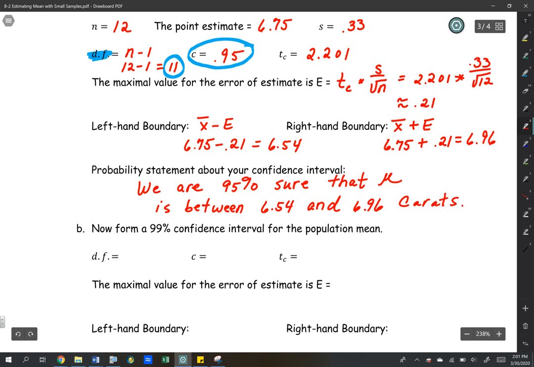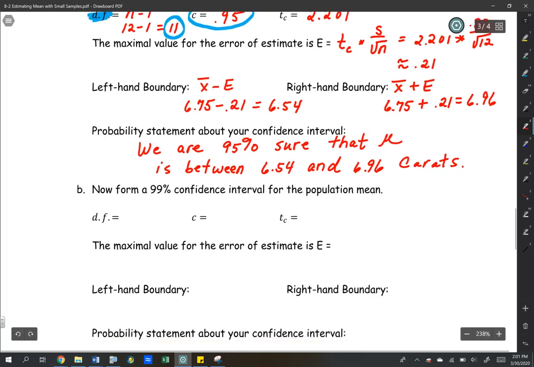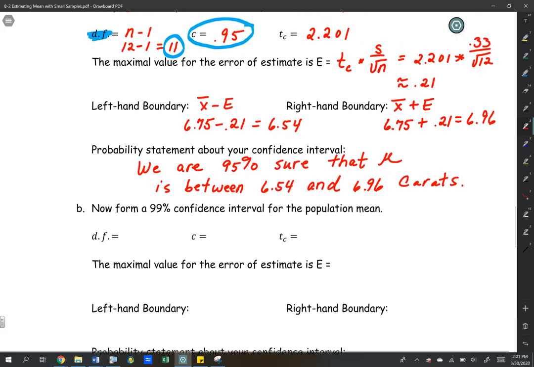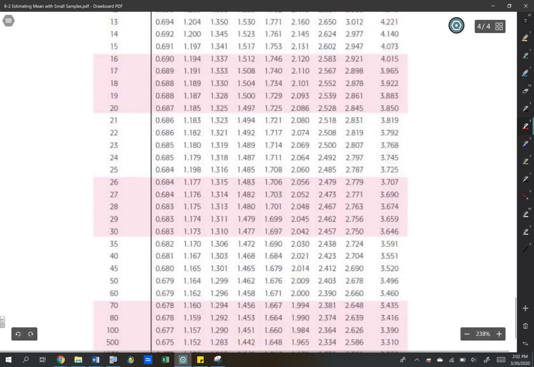Okay. Now we're going to construct a 99% confidence interval. The degree of freedom doesn't change, but just as a reminder, it's n minus 1. So it's 12 minus 1, which is 11. Our C value is 0.99. So we have to go back to our table 6, and we're going to find the row for the degree of freedom of 11 and C value of 0.99.